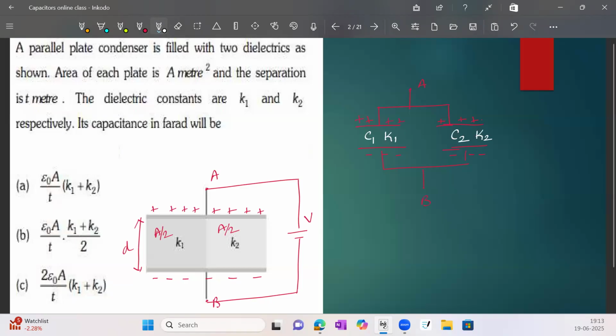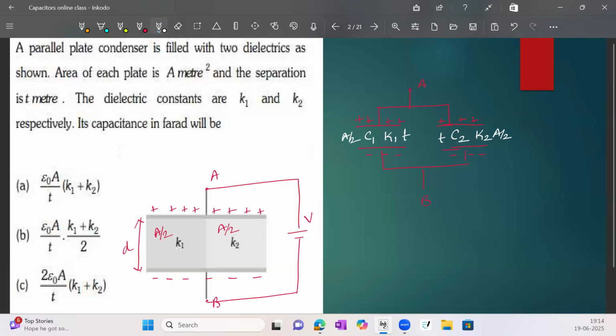The area of the first plate becomes A by 2, and this is also A by 2. The thickness has no change; it is the same T only.